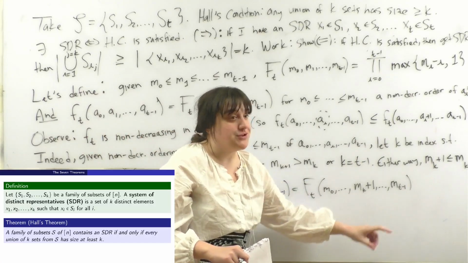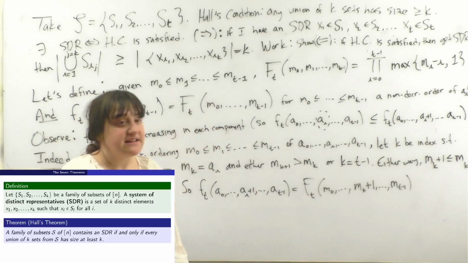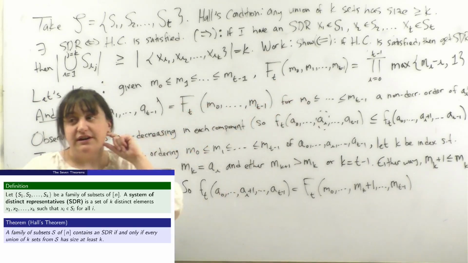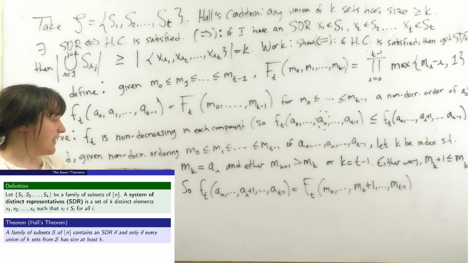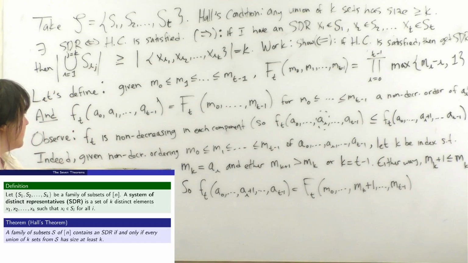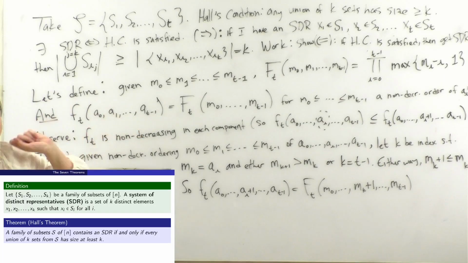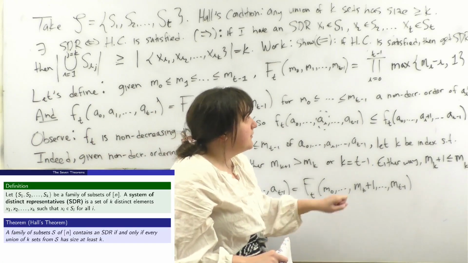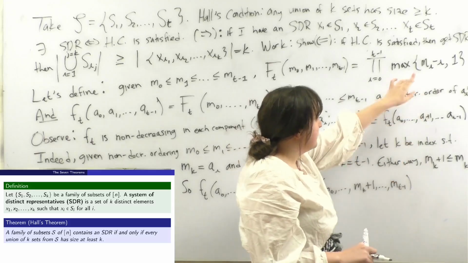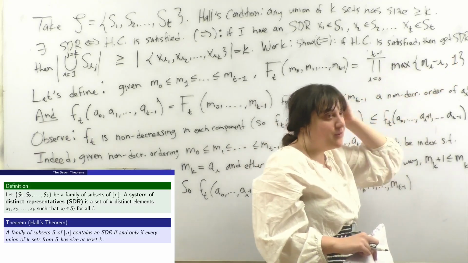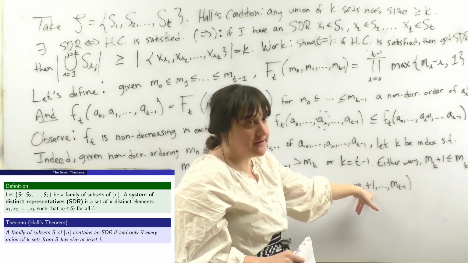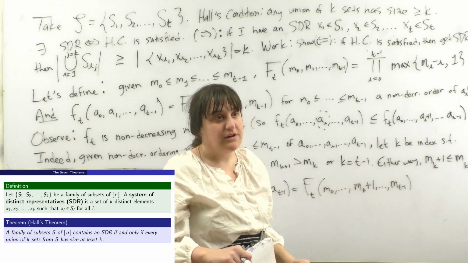Most of the terms in this product are exactly the same as the terms in the original product that I would be looking at to figure out what ft of just a_0 through a_{t-1} are. The kth term, instead of multiplying by the max of m_k minus k and 1, I'm multiplying by the max of m_k plus 1 minus k and 1.